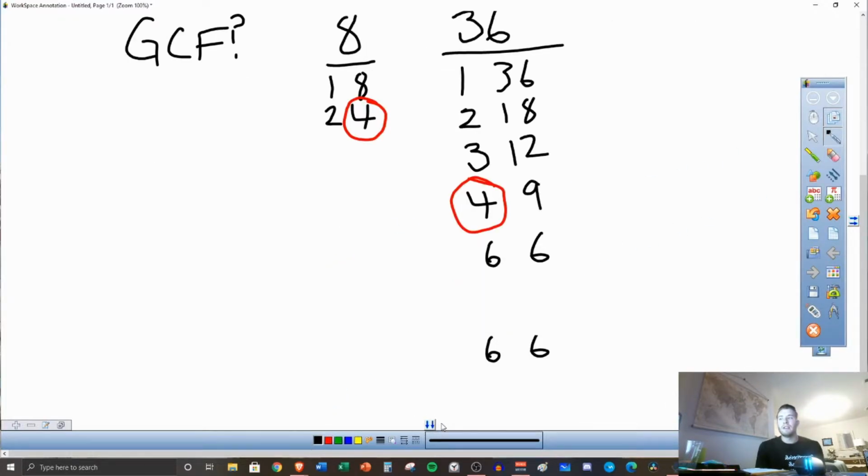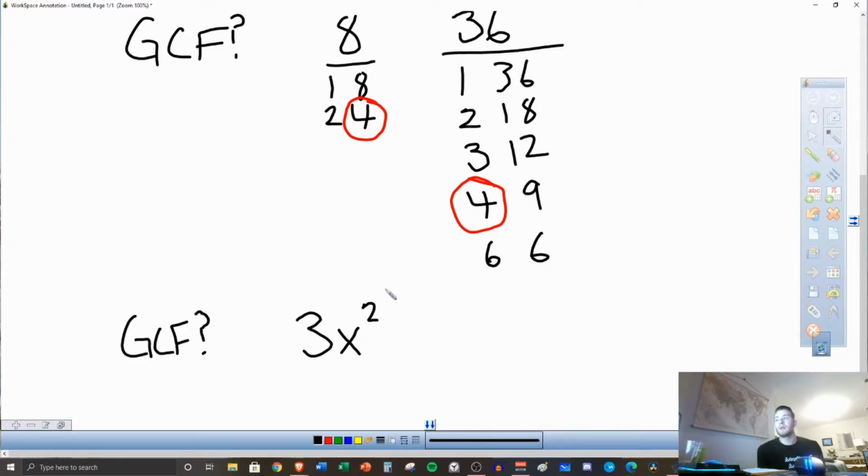So that's the mindset that you want to be in. Obviously, it's going to be more complicated than this when we get into it because we're dealing with polynomials. So let's try another example. What is our GCF when we take, let's go with 3x squared, and then let's go with 12x.